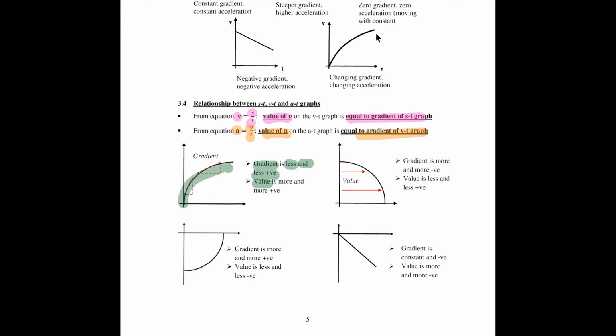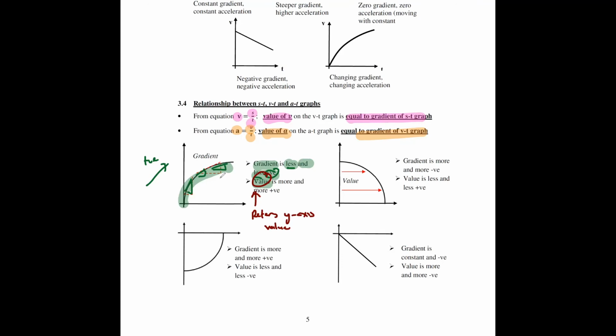Okay, it is positive because it's pointing upwards. It is less and less positive because you notice that it's becoming less and less steep. So we call this less and less positive. But when we talk about the value of the graph, it refers to the y-axis value.